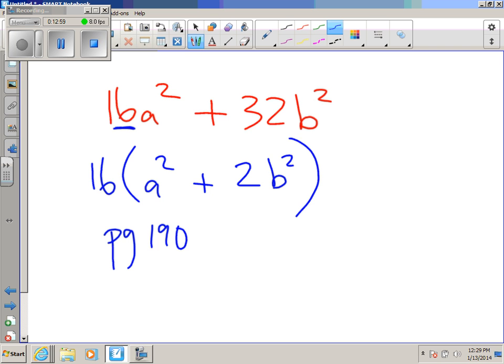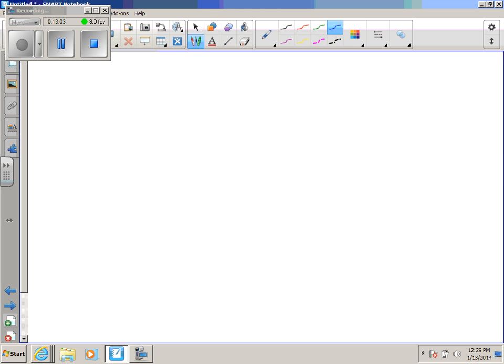Do not confuse one like number 17, though. Can we take a look at number 17? Negative 9 plus 4y squared. Is there another way which we could write this where we might be able to see difference of squares evident? Kate?